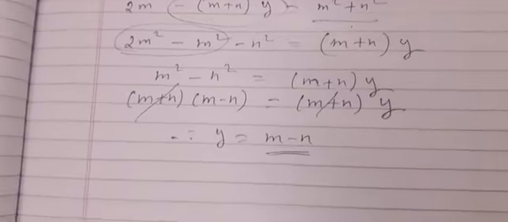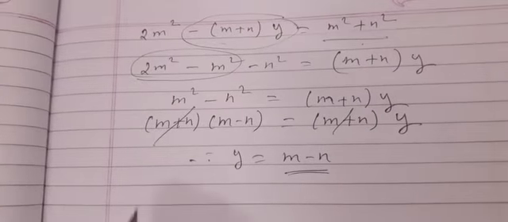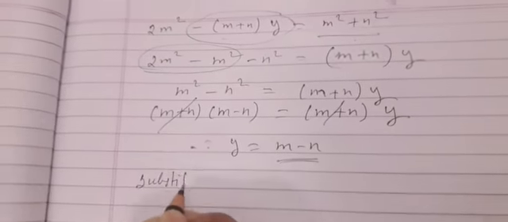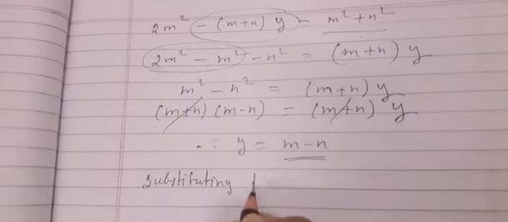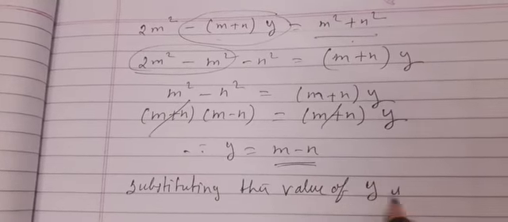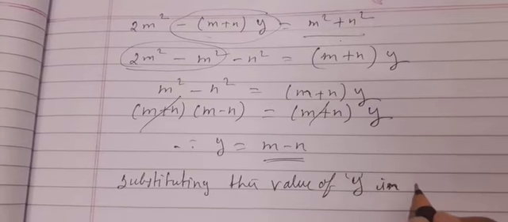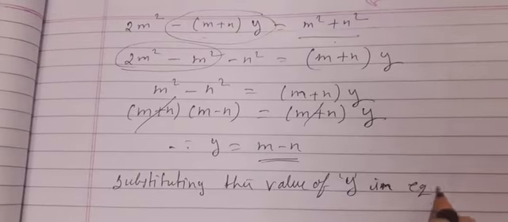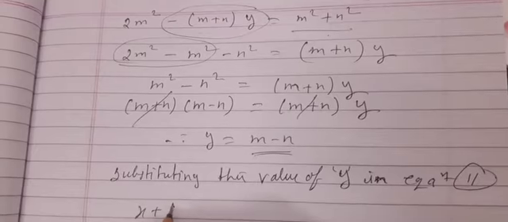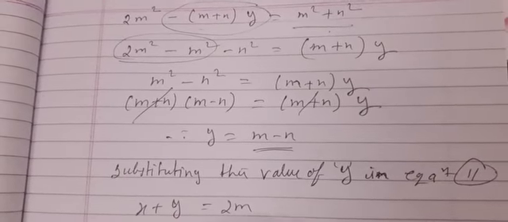Okay, now we will put this value of y in our original equation, so I'm going to write that, substituting this value of y in any of the original equations, in equation 2, because that equation is a small equation, that's why we have chosen that. x plus y is equal to 2m.